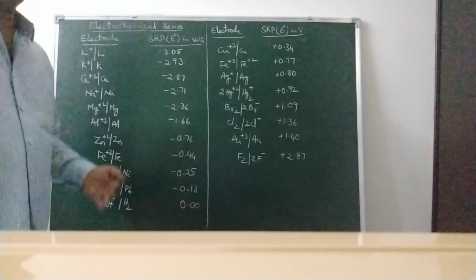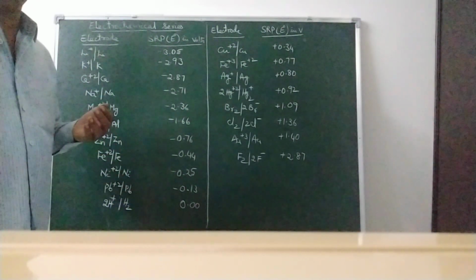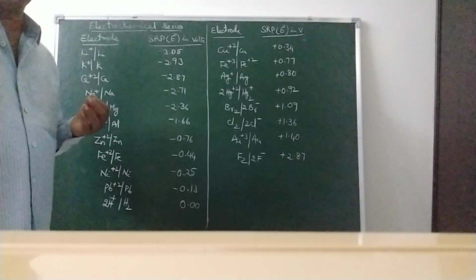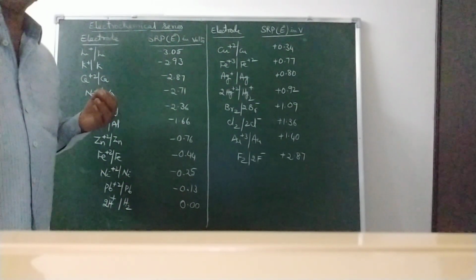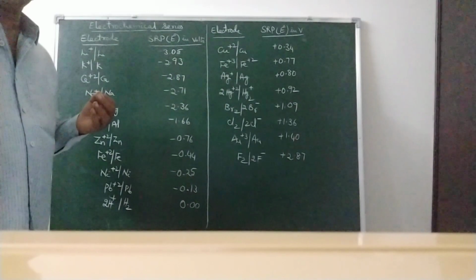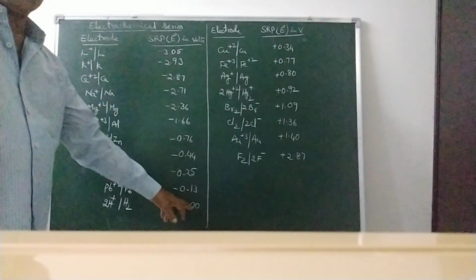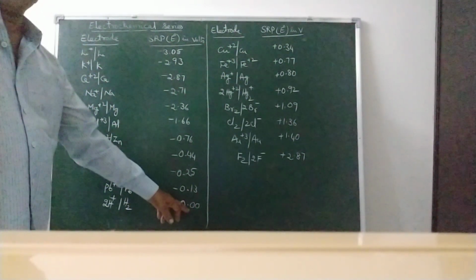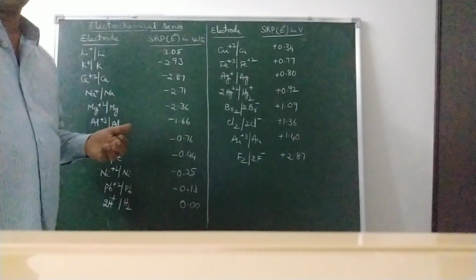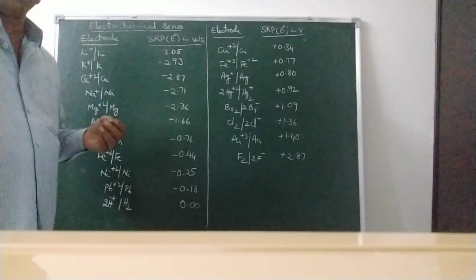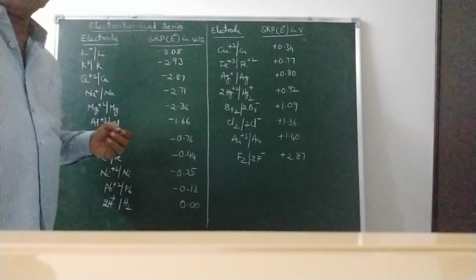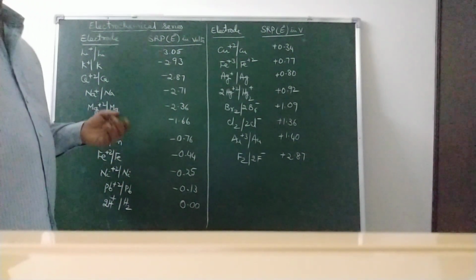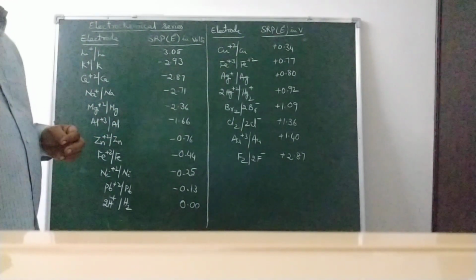This is the construction of the standard hydrogen electrode, and its reduction potential is taken as 0 volts. By connecting it with another electrode whose electrode potential is to be known, and determining the EMF of the galvanic cell, we can determine the single electrode potential.